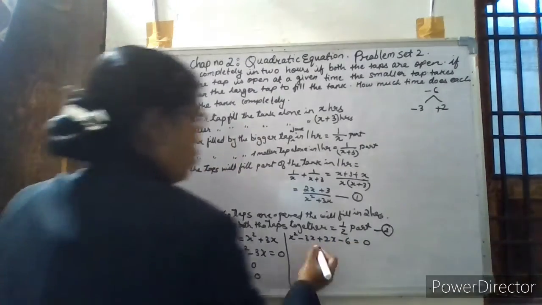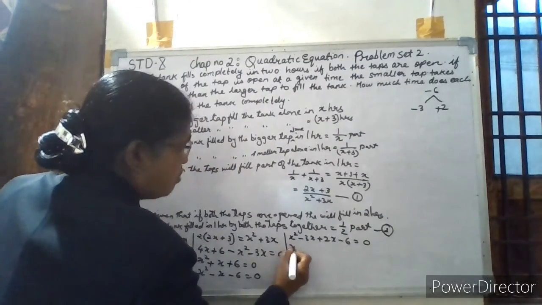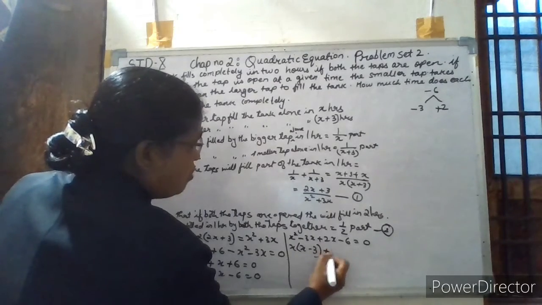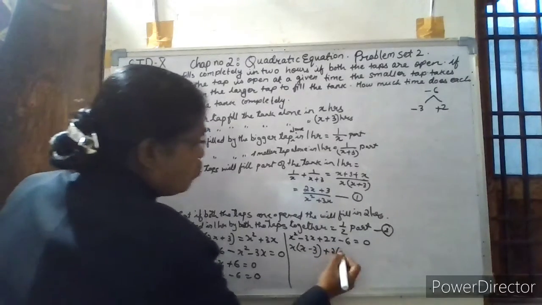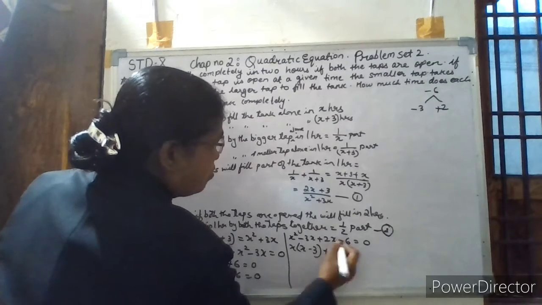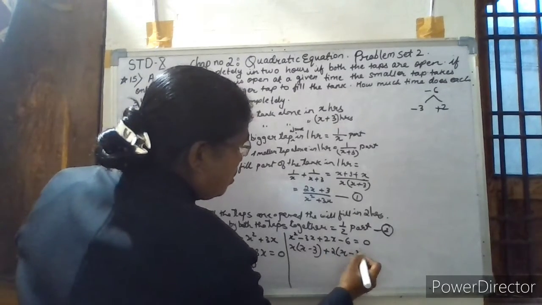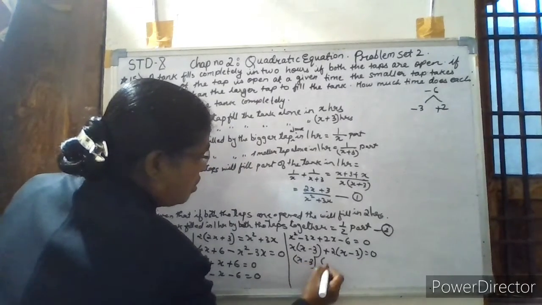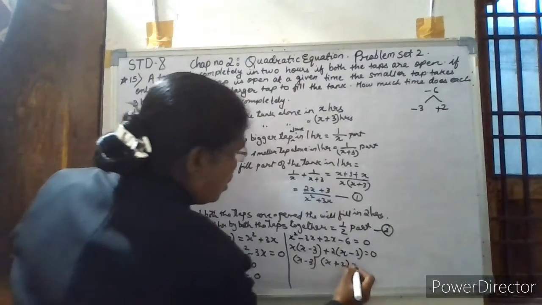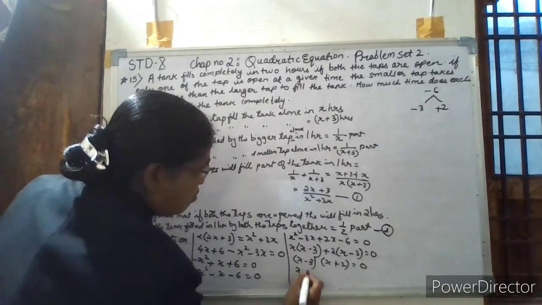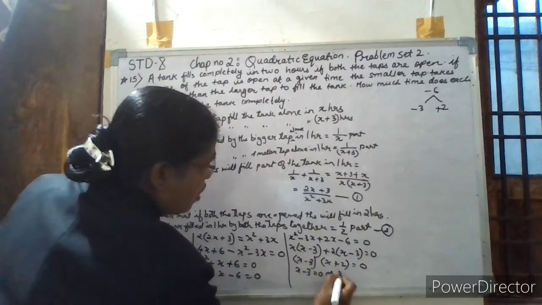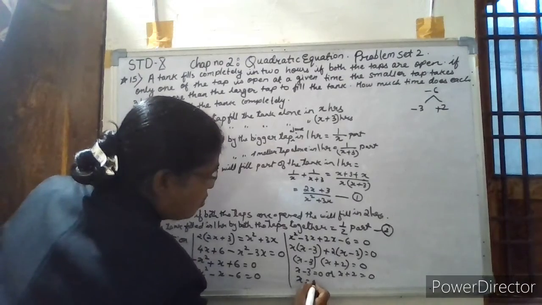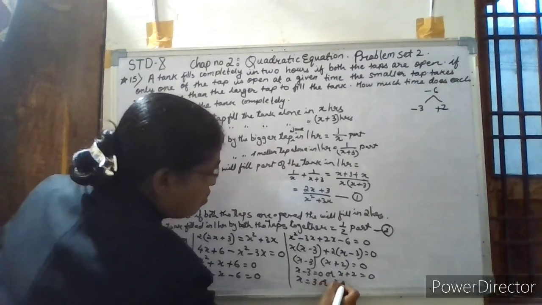From the first two terms x is common, x into x minus 3 will remain, and from the last two terms plus 2 is common, 2 into x minus 3. So x minus 3 is one factor, the other one is x plus 2 equal to 0. So we get x minus 3 equal to 0 or x plus 2 equal to 0. Now x is equal to 3 or x is equal to minus 2.